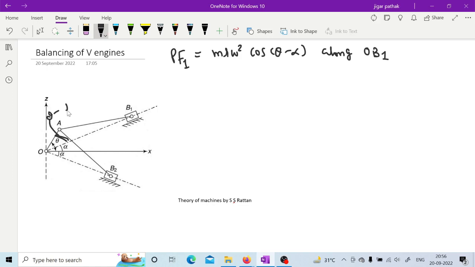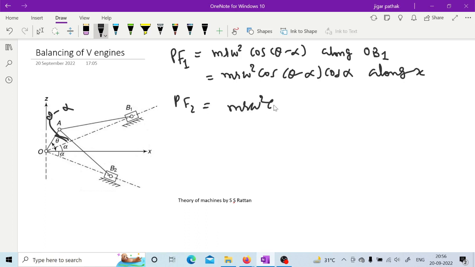When you consider this component along OB1 in the x direction, it will be mr omega square cos theta minus alpha cos alpha, along x direction. Now for primary force in the second cylinder, that is mr omega square cos theta plus alpha, right, along OB2.